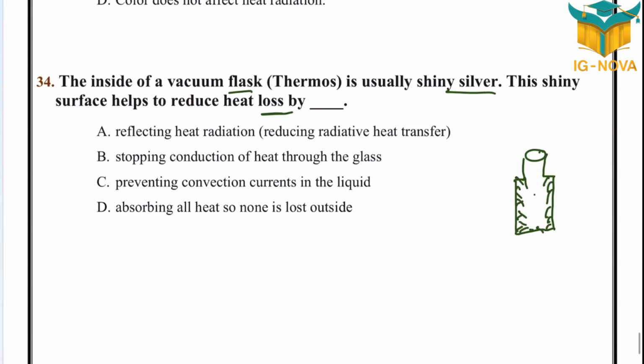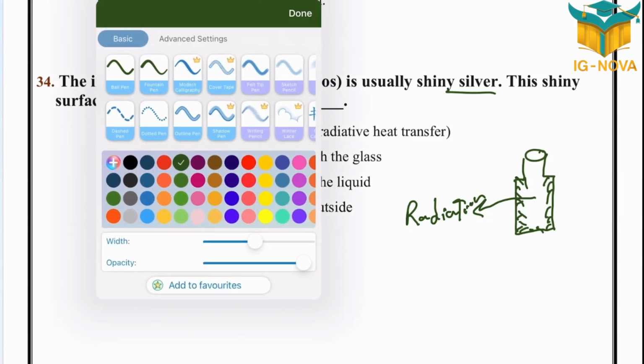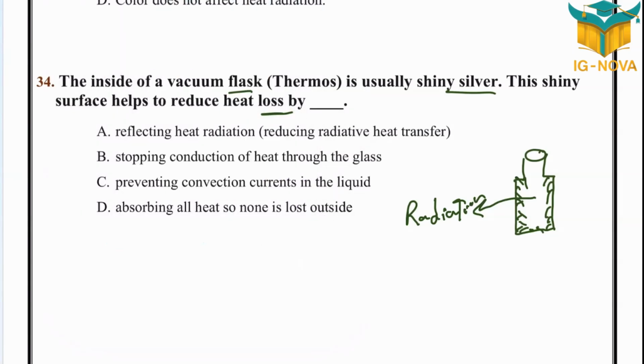To decrease the rate of losing heat by radiation, because infrared rays will be reflected back. That's why most of the time the inside is shiny silver. For A, they reflect heat radiation, reducing radiative heat transfer, which is radiation.